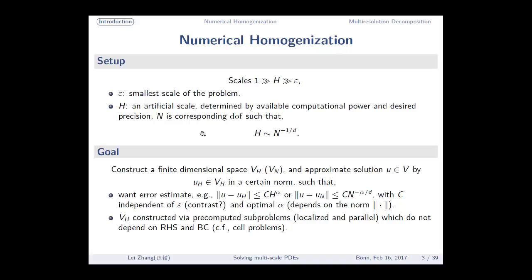There are different choices for this norm. I think Daniel recently prefers to use the L2 norm, but in our case we use the H1 norm, or maybe the energy norm.